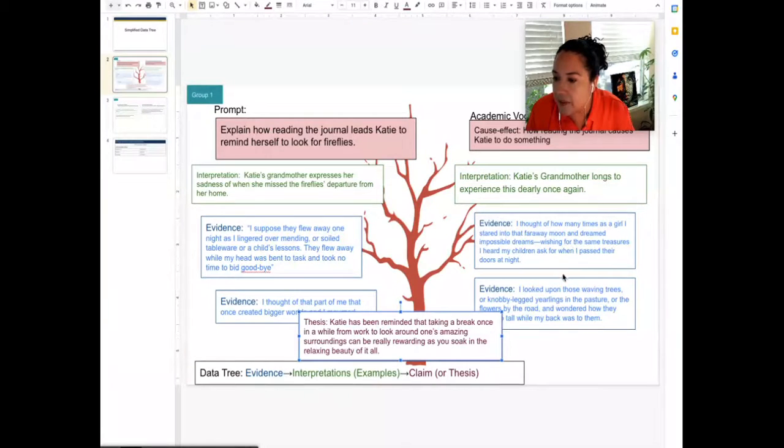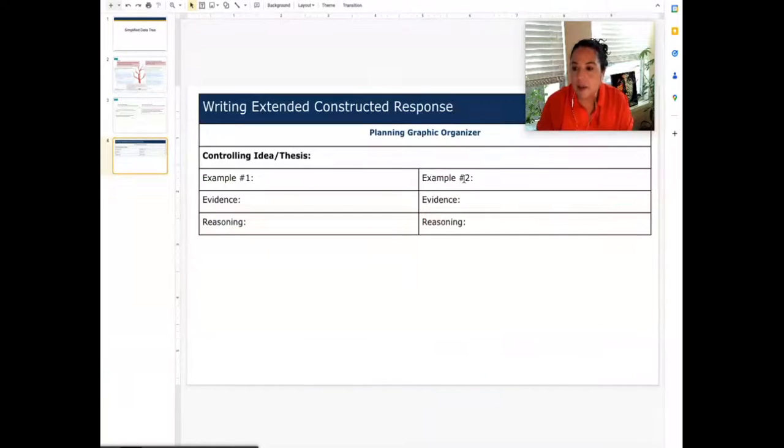Both of these pieces of evidence talk about what the grandmother wishes she had or could experience again. And then the student would write this interpretation. The interpretation becomes example number 2 that could be placed in that body paragraph with evidence and aligned reasoning. All of it being pulled together.